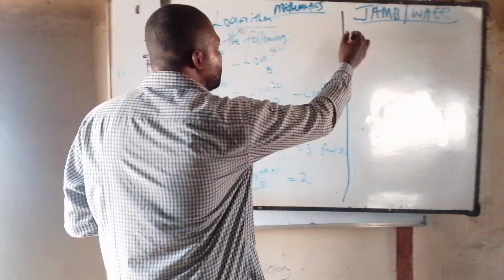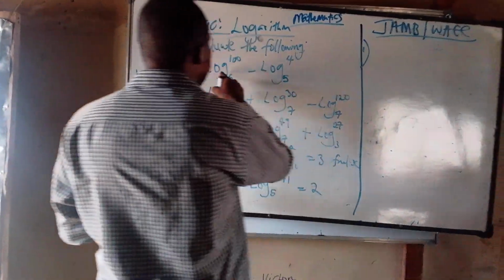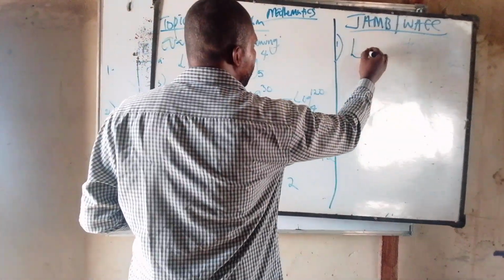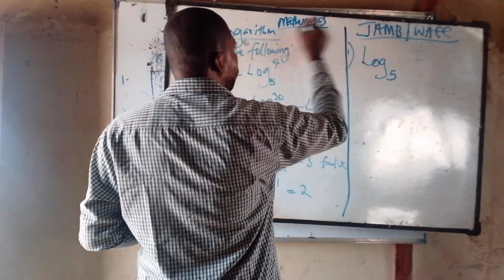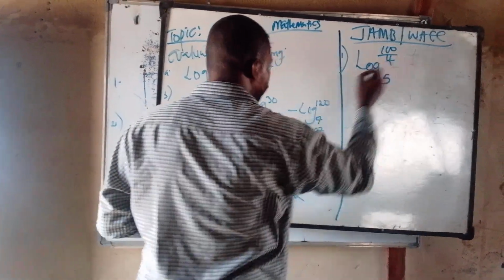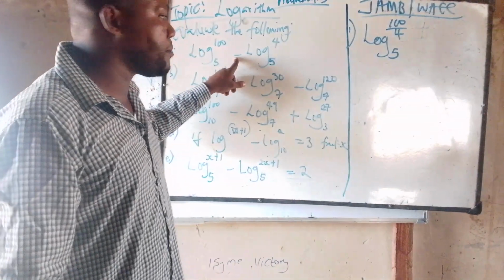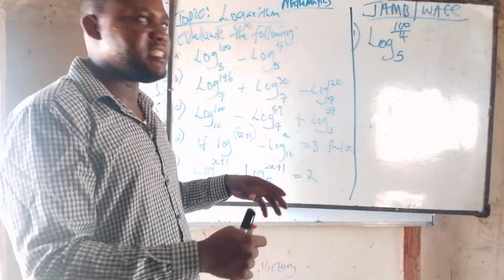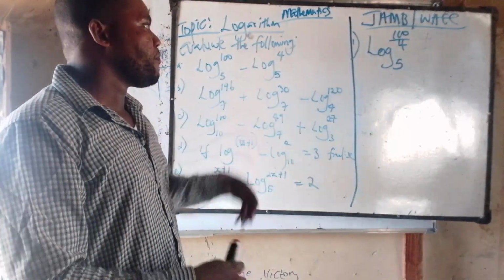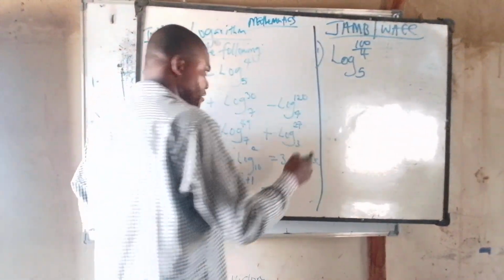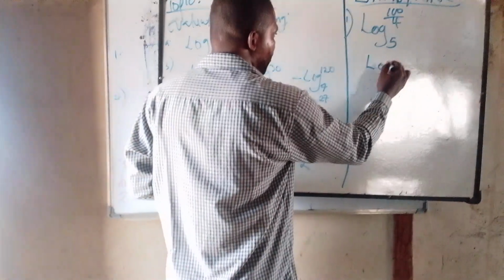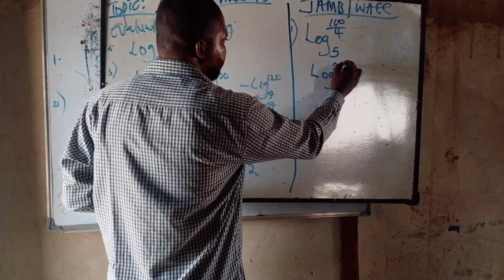Let's start. To evaluate this first one, since I have log base 5 here, I pick out one log 5. To the power, I will now have 100 over 4. Why will I divide? Because I am subtracting. But if I was adding, I will multiply their powers. So after this, it will be log 5 of 25.